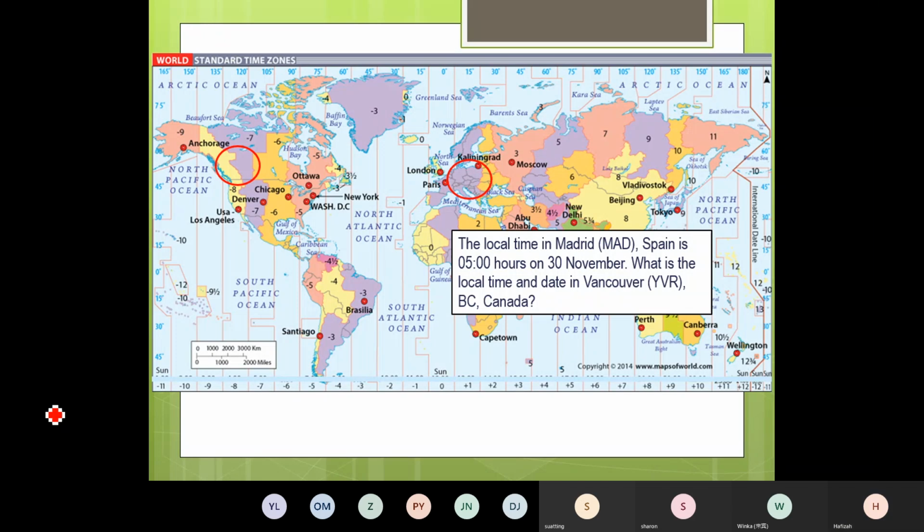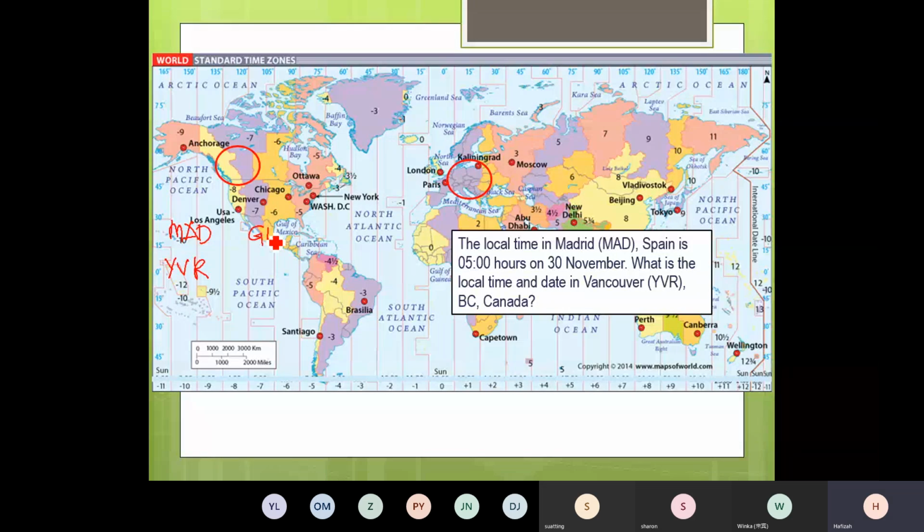Okay, how to calculate this? Wait. What is the first thing that you should do? Find the GMT. When you write, you write first Madrid and Vancouver. If you don't know the code of this country, you just write in a full sentence.